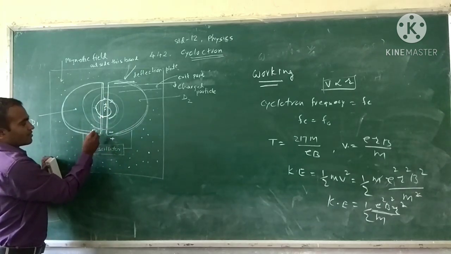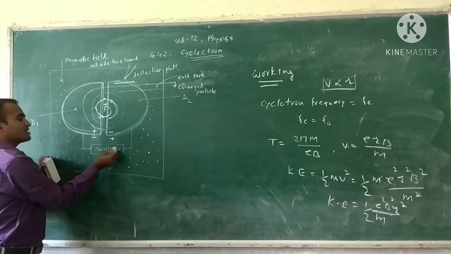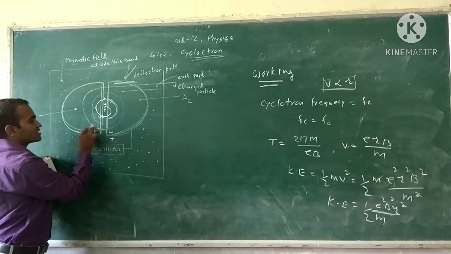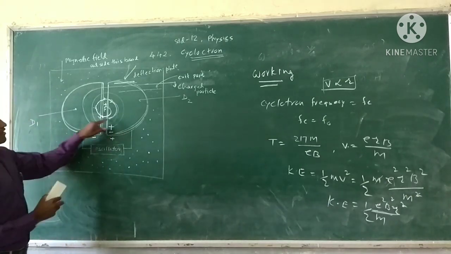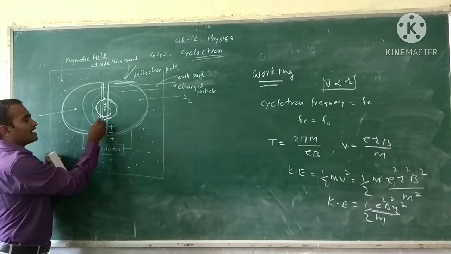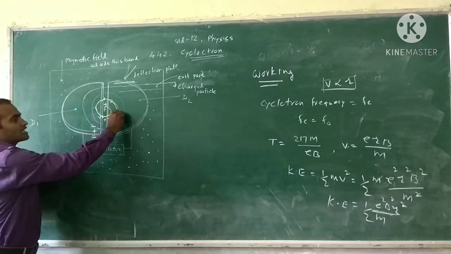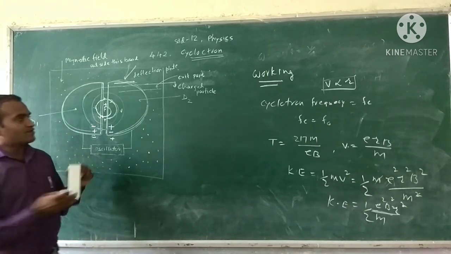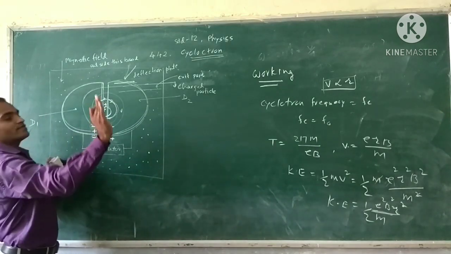Again, after completing half a revolution, once again its sign will change. Again this will become negative and that will become positive. So once again this positive charged particle will be attracted towards the negative sign. Whatever the velocity was, which was already high, it will be attracted with more speed.